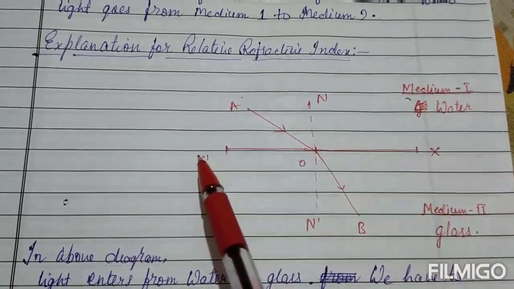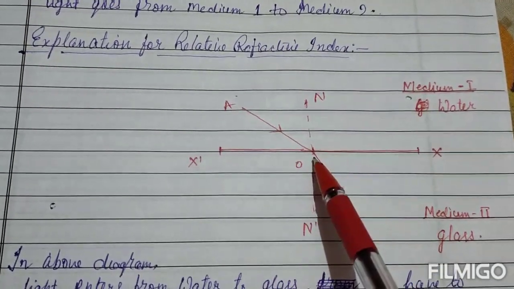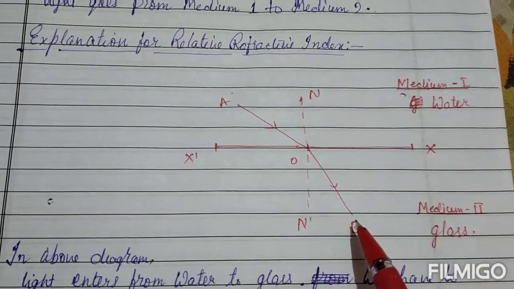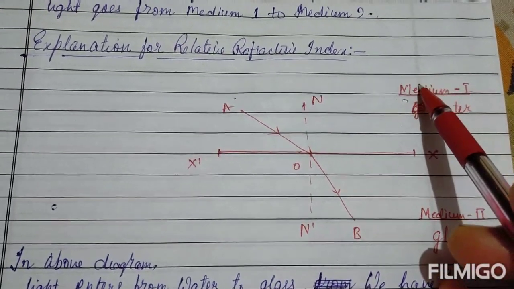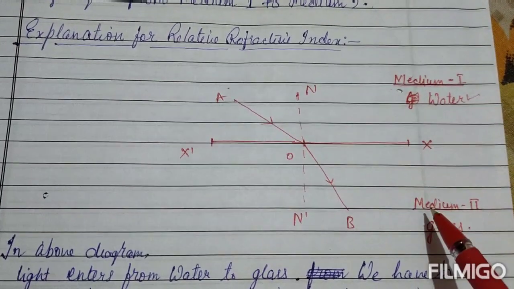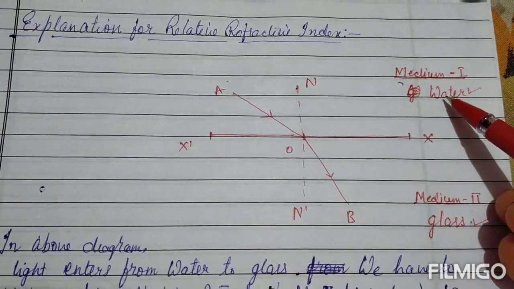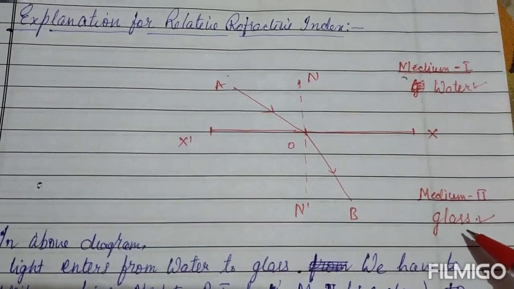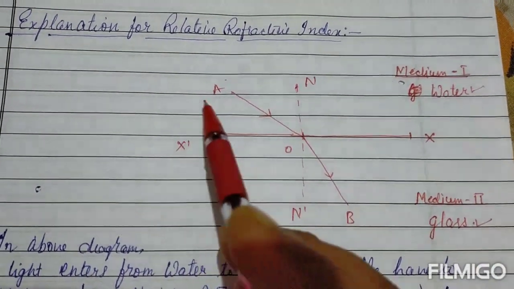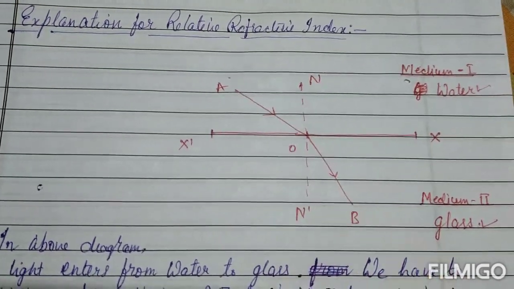Here XX' is the interface, AO is the incident ray, OB is the refracted ray. This is medium 1, let it be water. This is medium 2, let it be glass. Water medium is rarer with respect to glass. So the light ray entering from water to glass bends towards the normal.